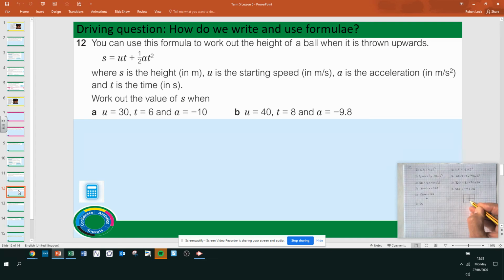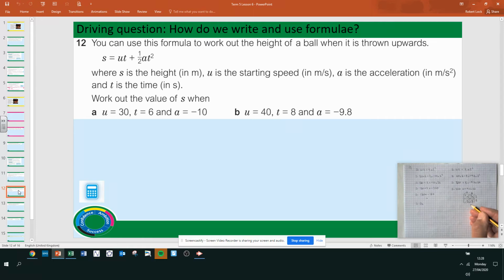Again, doing Napier's bones. 9.8, so 32. 3 eights, 24. 2 eights, 16. 3 nines, 27. 2 nines, 18.